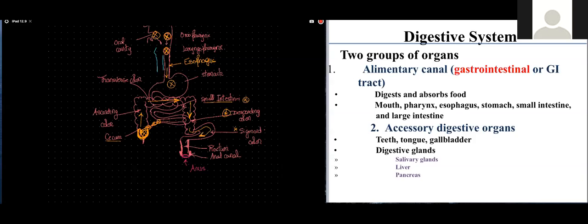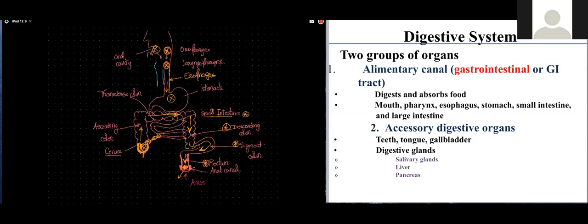This is the sigmoid colon, and finally through a straight part of the large intestine, the rectum. That will allow the feces to travel through the anal canal and to the outside of the body through the anus. All right, this is my gastrointestinal tract organs.